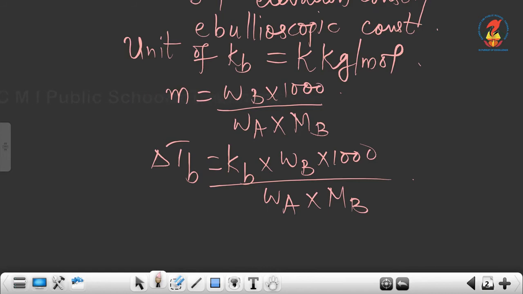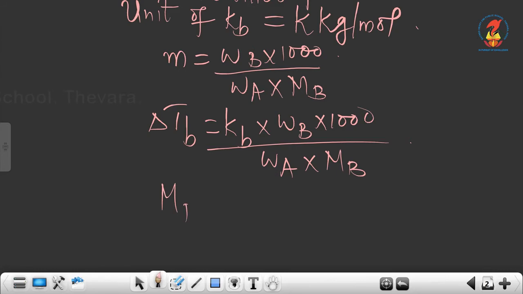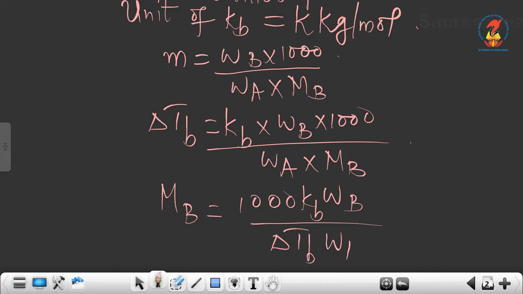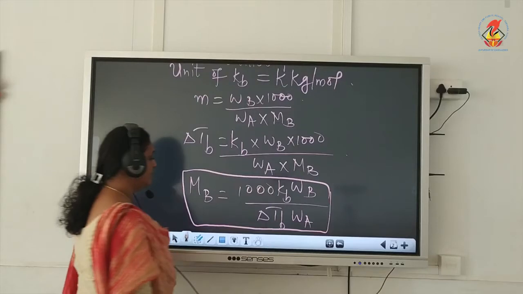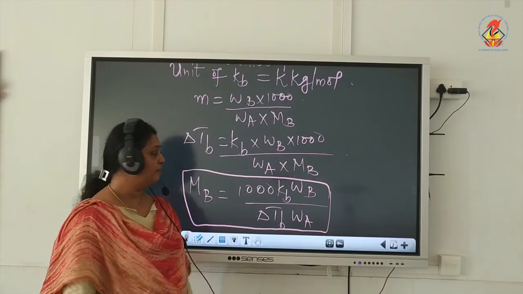From this, I am going to write the expression for Mb, that is molecular mass of solute. Mb is equal to 1000 Kb Wb divided by delta TB into Wa. So this is the expression to find the molecular mass of solute from elevation in boiling point.